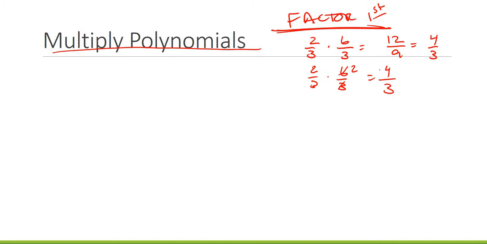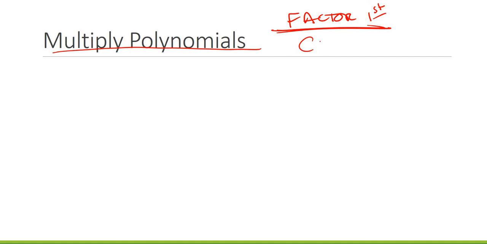But when the numbers are small and I don't have a lot of variables, I can multiply first and then factor. However, when we get into polynomials, it is crucial that you factor first and then cancel before you multiply. Factor first, cancel second. So let's look at one of these and you'll see what I'm talking about.